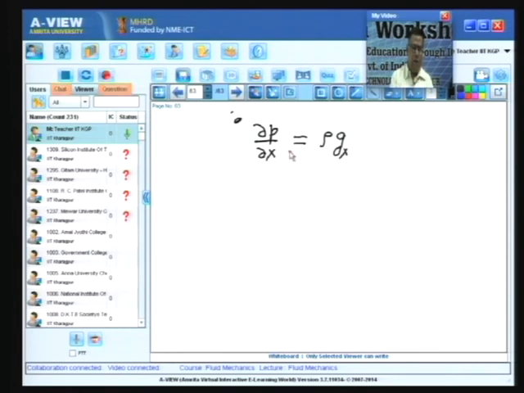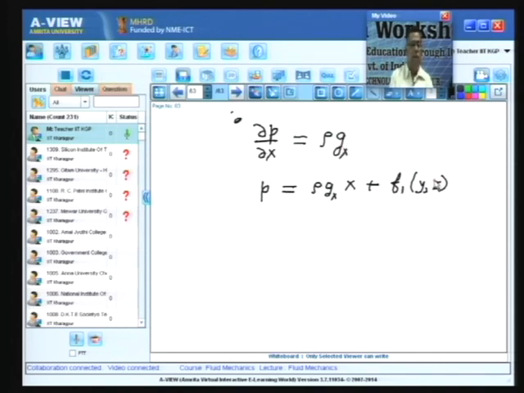Now, if we integrate this, you are going to have p equal to rho into g x, this constant, multiplied by x plus some function, we can call it f 1 of y and z. Since this is a partial derivative, we have this function of y and z. If you take this expression and differentiate it partially with respect to x, del del x of f 1 is going to be 0 and you are going to get back this quantity.